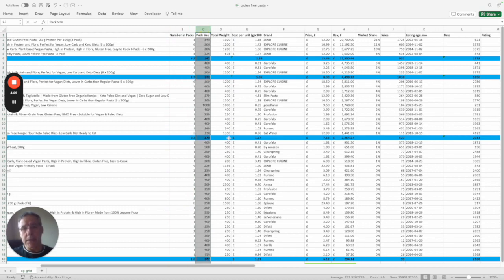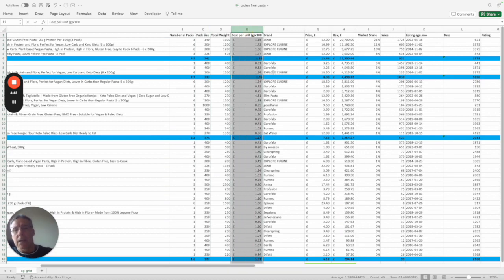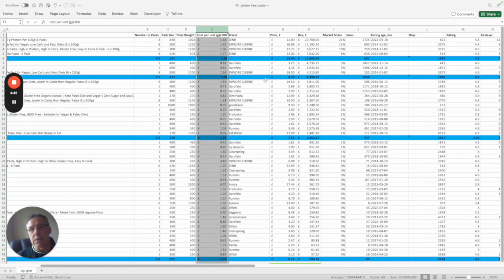The pack sizes, again, if you just take these three here, you can see that the smaller pack sizes on average, there's not a big difference between these at the bottom, and then the cost per unit is obviously a big difference. There is on the weight per 100 grams, and you can see that 136, 106, 127.